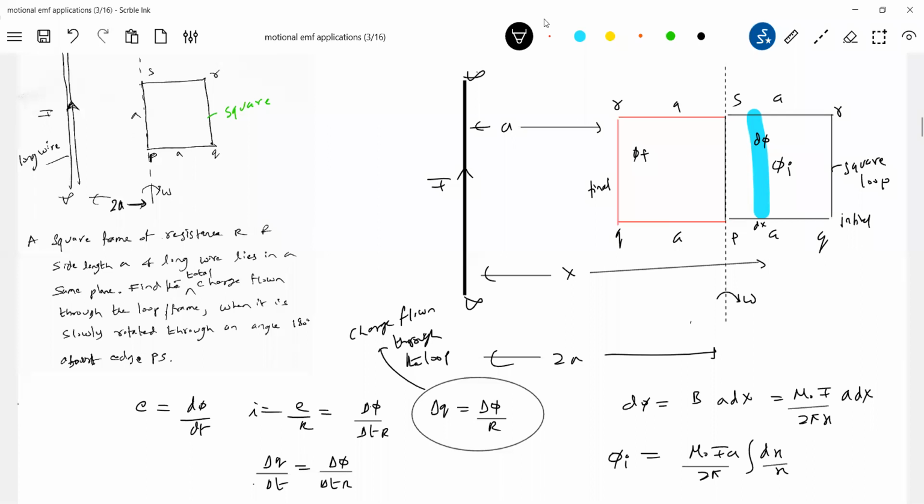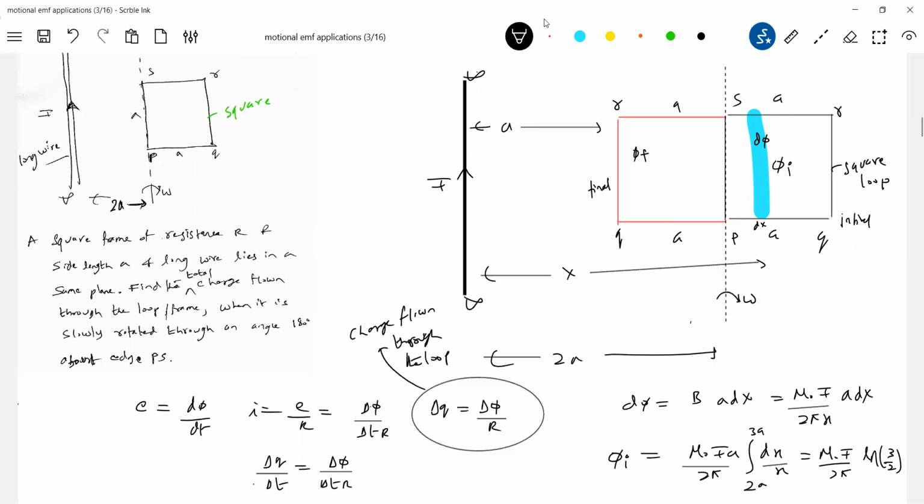What should be the limit now? 2a to 3a. In the initial position, the flux linking the loop, phi I, should be calculated from 2a to 3a. So this should be equal to how much? Initial flux is mu naught I by 2 pi, log of 3 by 2.